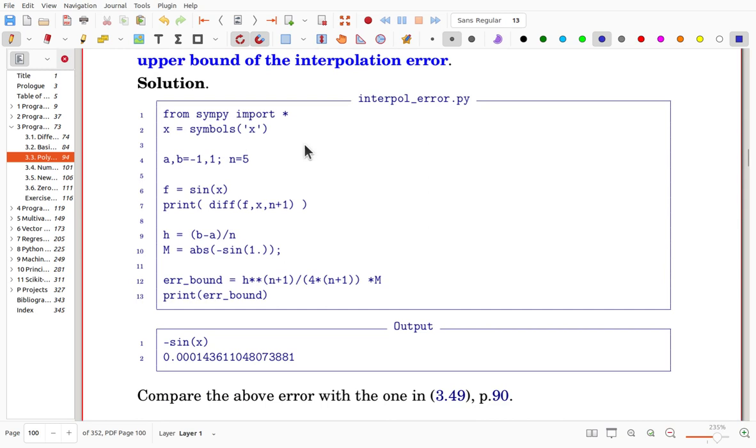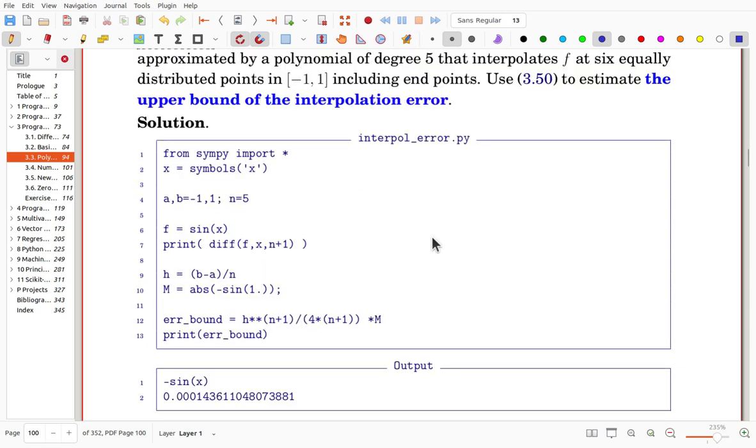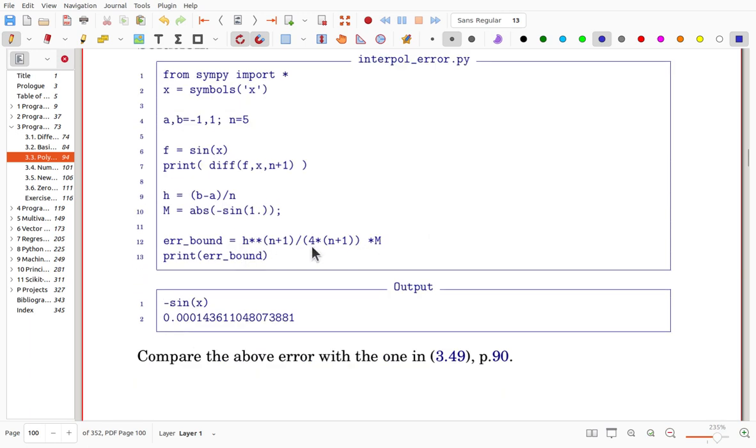Using Python, for f of x, we make the n plus first derivative, and for that, the maximum is measured. But now, rather than g max, we use some other parts from the theorem, and we can get the error bound and print it out.